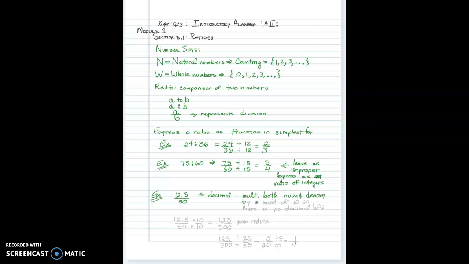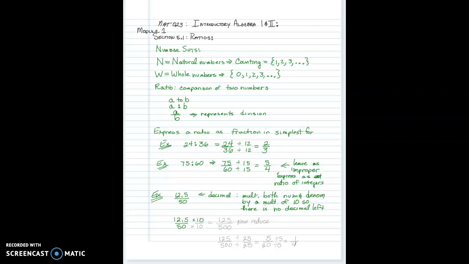So what does that mean? If I look at that 12.5 over 50, I'm going to start multiplying numerator and denominator by 10, which will give me 125 over 500. Now that there's no decimal left, we're going to reduce.